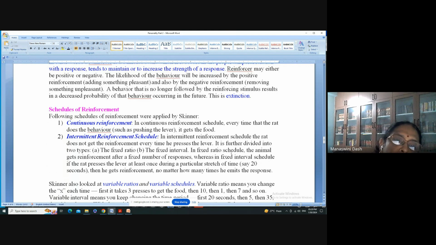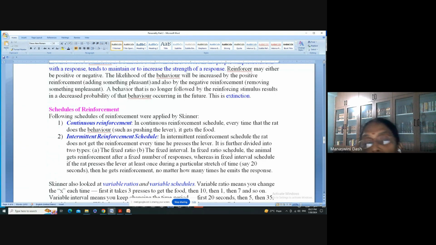And Skinner talked of continuous reinforcement and intermittent reinforcement. In a continuous reinforcement schedule, every time the rat does the behavior, which behavior in Skinner's experiment? Lever pressing. So each time the rat presses the lever, it gets the food. That is continuous reinforcement.